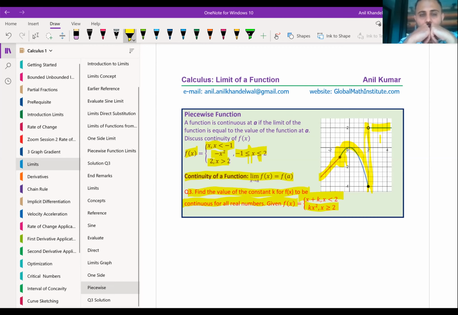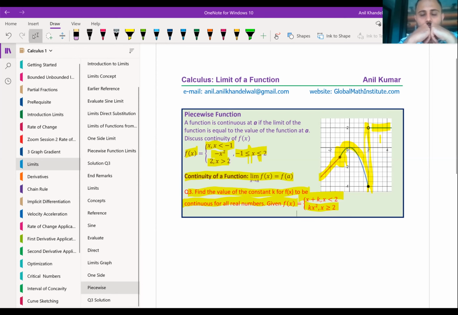So on the left side, we get 2 plus k. On the right side, we get k times 2 square, which is 4k. We will equate both of them and find the value of k. You get the value of k for them being continuous, since for that value of k at 2, both the pieces match up. Does it make sense to you? So simple as that.